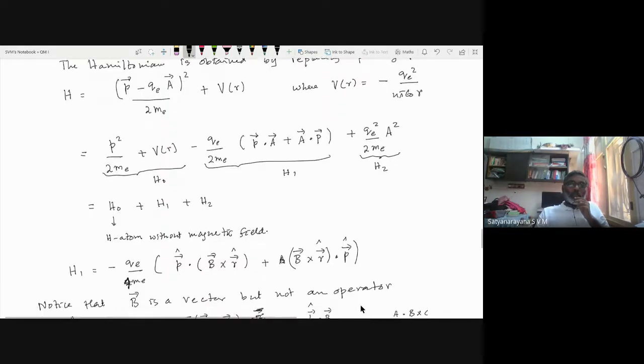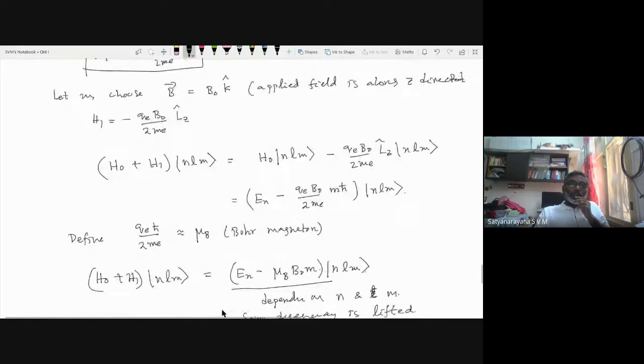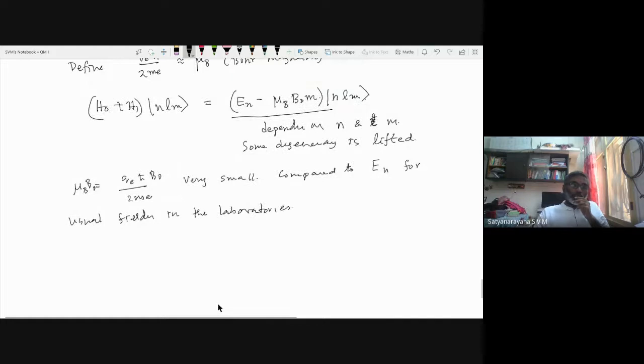Sometimes there is something called weak field approximation, where H2 is neglected, and we call this the weak field approximation. It turns out that H2 is much smaller than H1, which is much smaller than H0. That is the order in which these things are there.